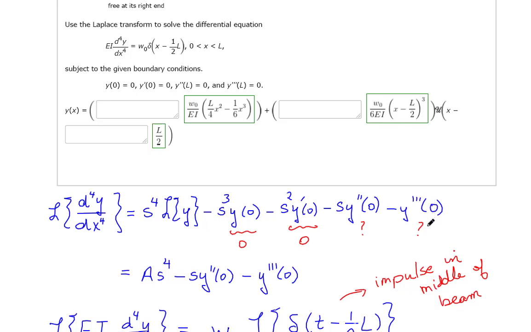Now you say, well, wait a minute, we didn't get y double prime and triple prime at 0. No, we did not. But we do know that y at 0 and y prime at 0 are both 0. So I'm going to have to leave these in the problem as unknown constants for now.